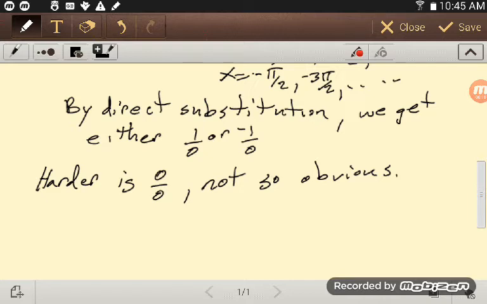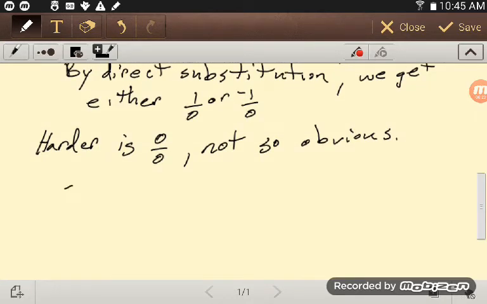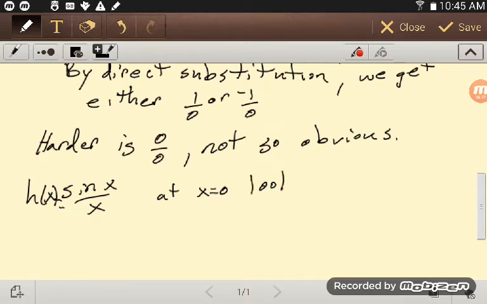Cases like that are, say, for instance, h of x equals sine of x over x. At x equals 0, this looks like 0 over 0.